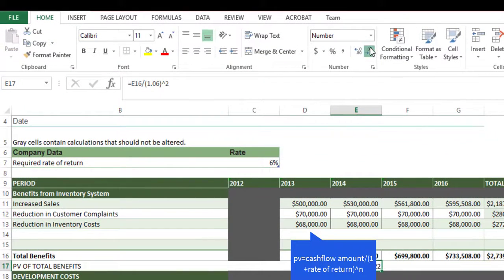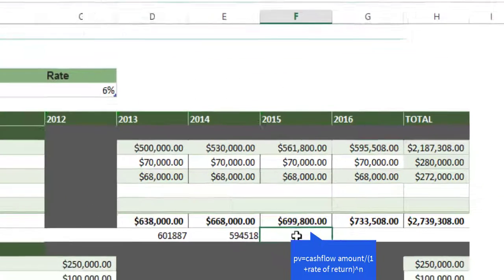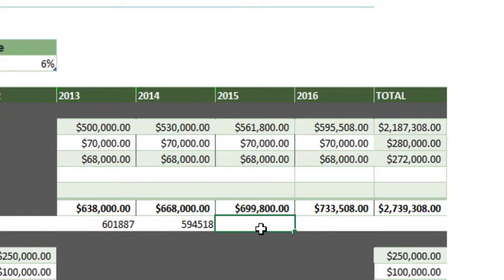Similarly, we go to year 3, which again is that, divided by 1.06 raised to 3.